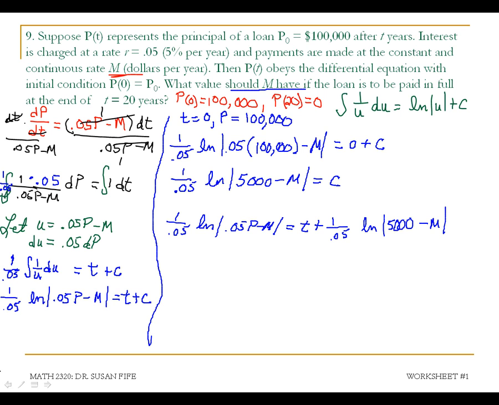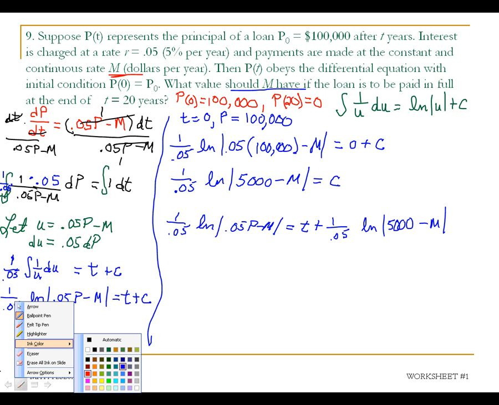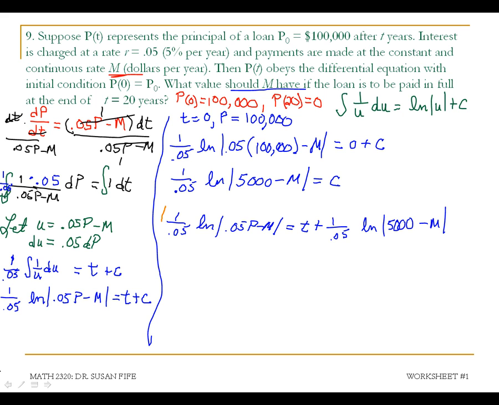So let's first take this entire equation and multiply by 0.05 so that we have natural log of 0.05 P minus m equals 0.05 t plus natural log 5,000 minus m.